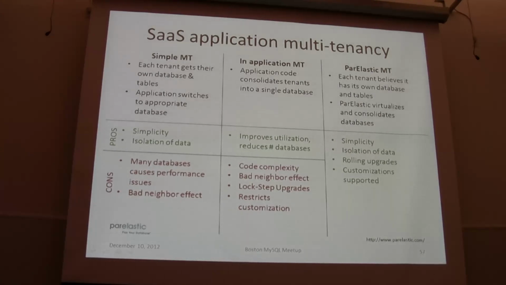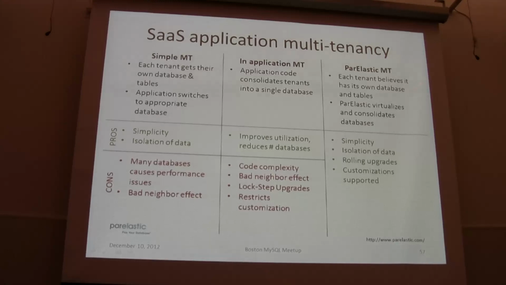Can't do that. Your underlying database is all locked to one schema. You have one user who decides they want to customize their application in some way. Oh, by the way, that requires a schema change. Can't do that either. So in reality, you have a database which is constraining the way your application has to work.